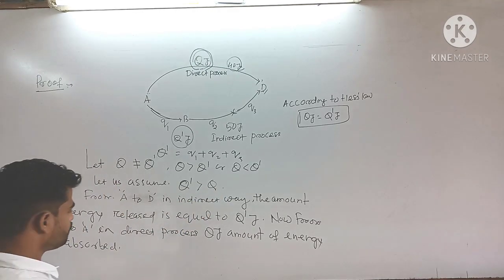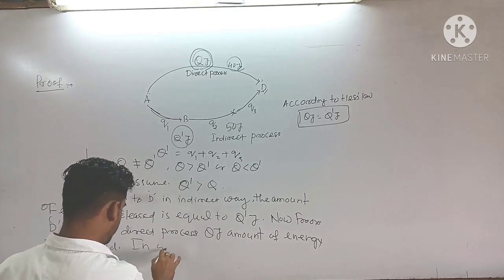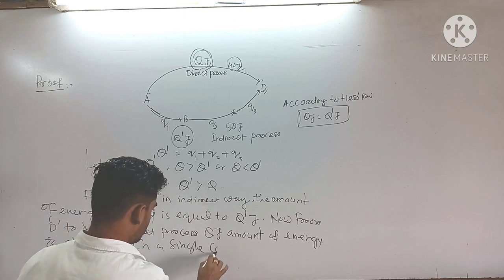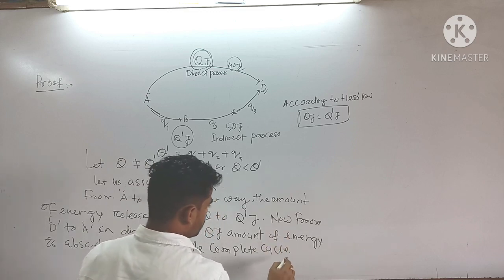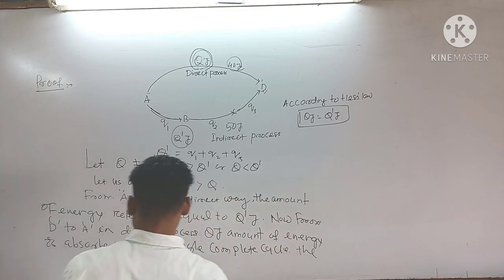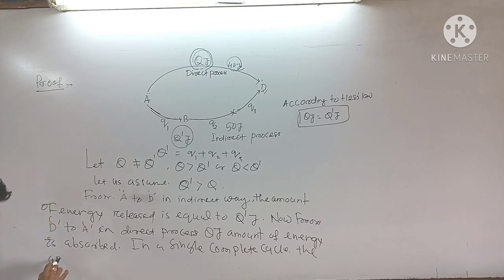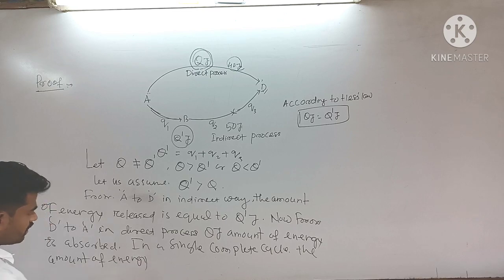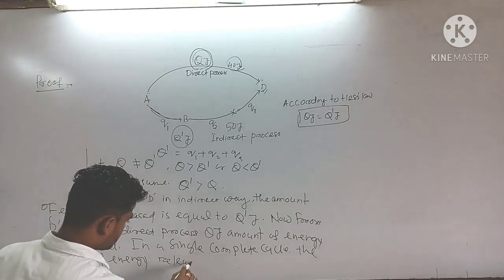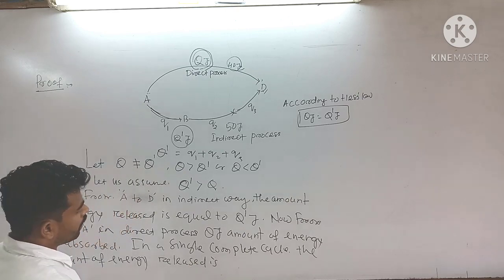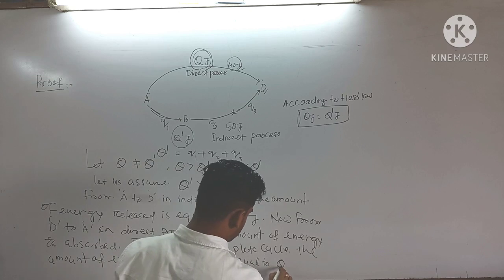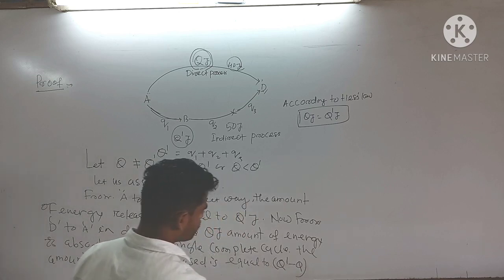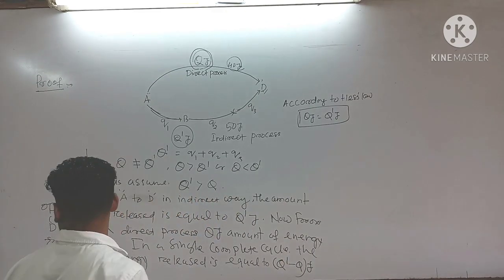Exactly the same thing over here, as I have considered Q dash is greater than Q. So I can write over here, in a single complete cycle, the amount of energy released is equal to Q dash minus Q joule.